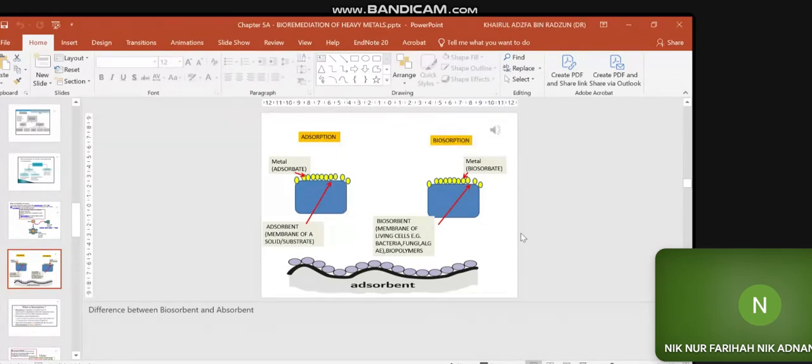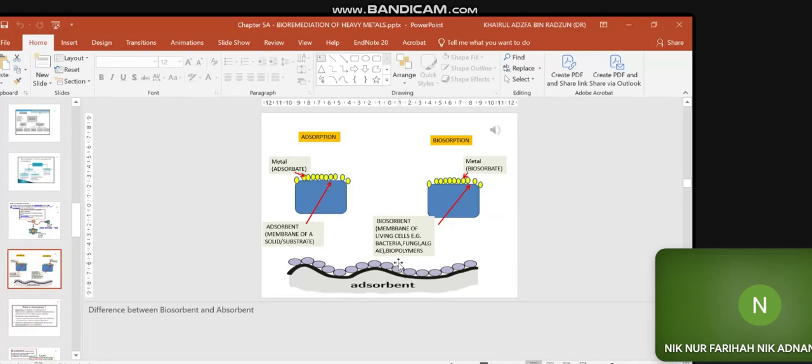While for bioabsorption, we call this metal the biosorbate because it now involves a biological system, and the biosorbent is actually the membrane of living cells, for instance bacteria, fungi, algae, and biopolymers. Sometimes it will not necessarily be in the form of a living cell.